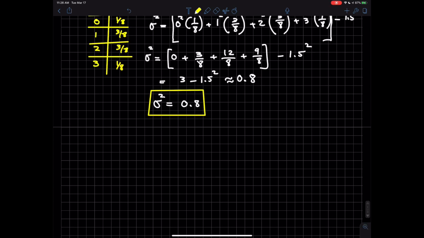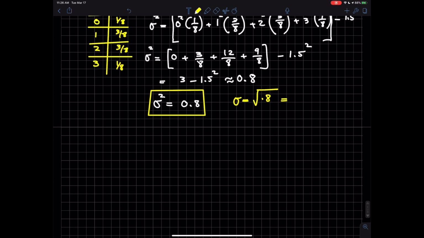And now, once I calculate the variance, it will be quite simple for me to calculate the standard deviation, because the standard deviation is basically the square root of the variance. So if I write the square root of my variance, which is the square root of 0.8, then I could very simply find the standard deviation.